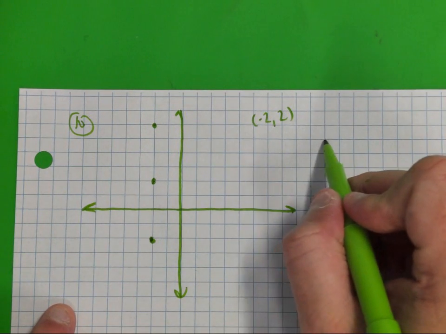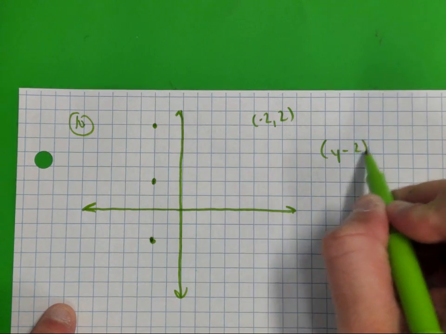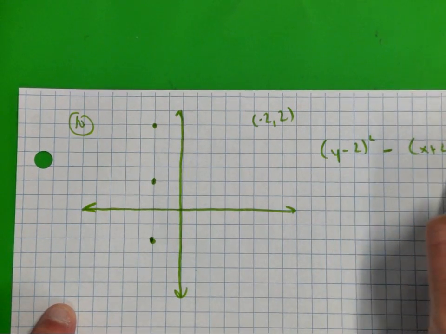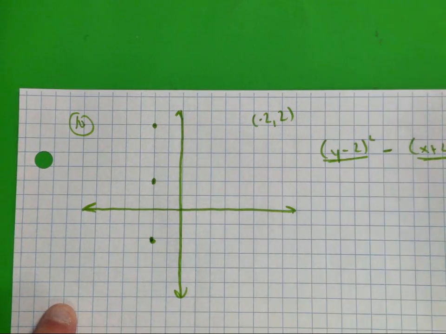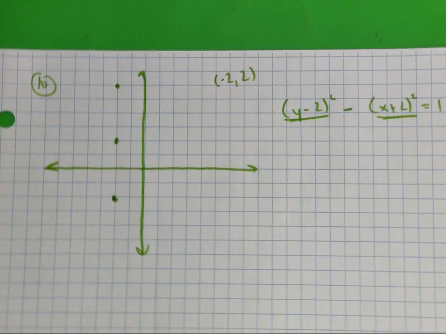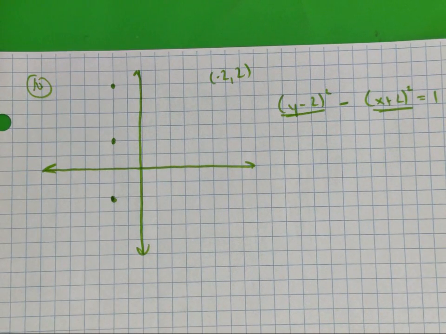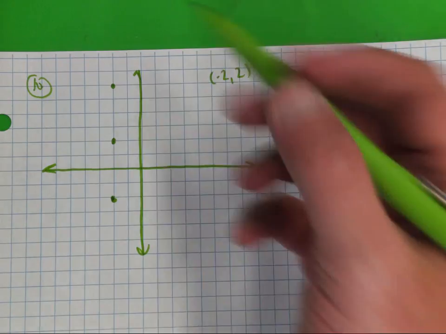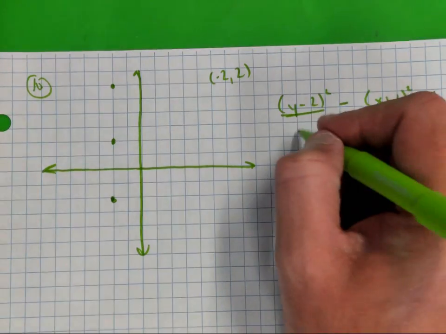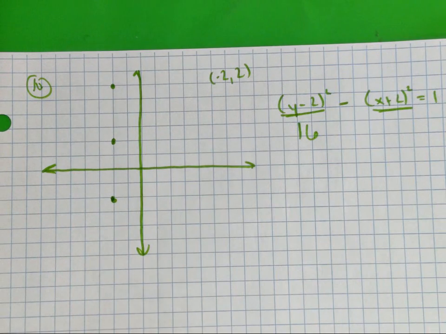Okay, since it's vertical, I'm going to write y minus 2 squared minus x plus 2 squared equals 1. What did I do wrong? Because your y's got to come first. Remember, your a squared comes first. A is the distance from the center to the vertex. How far is it from the center to one of the vertices? 4. What's 4 squared? 16, okay?